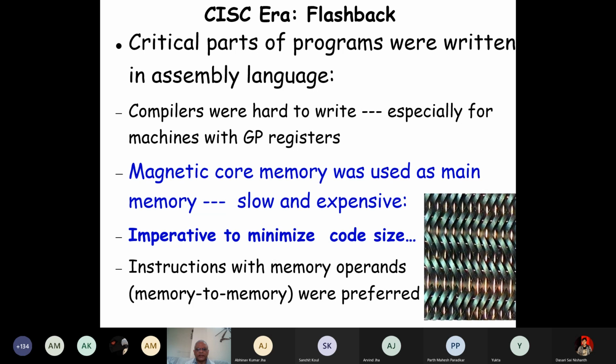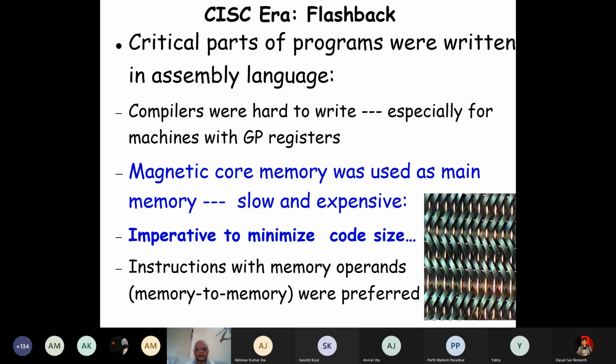They generated very inefficient code, and they could not handle many registers, because to write code you have to know which register contains what data. When the number of registers becomes large, it is very difficult to manage them.